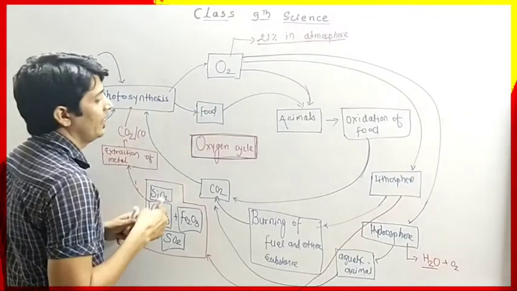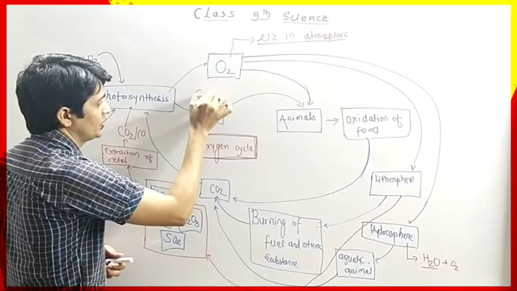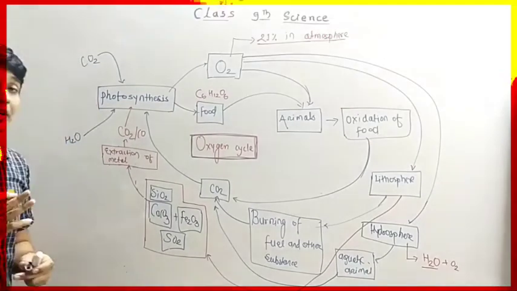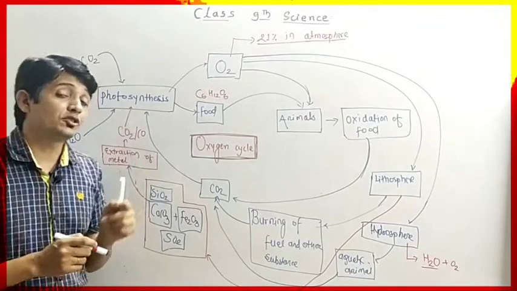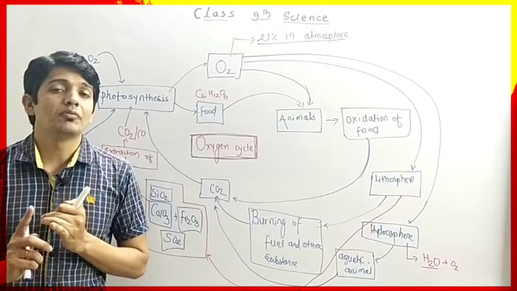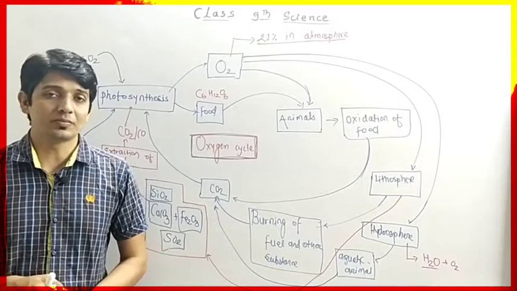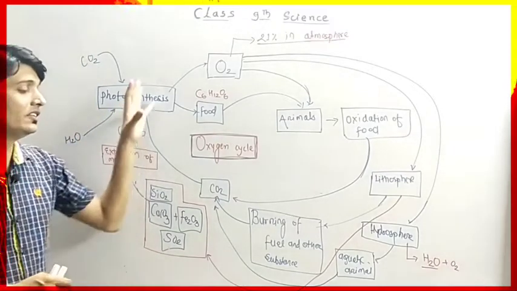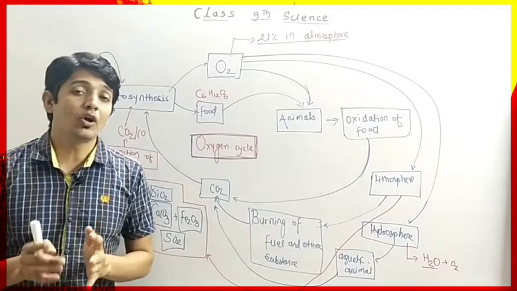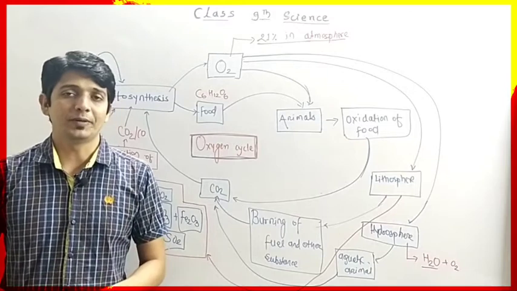This food again contains oxygen, in the form of C6H12O6. This is the carbohydrate. Oxygen is also present in the form of proteins, lipids, fats and other organic and inorganic substances. So this is nothing but the overall oxygen cycle which is circulated along with the atmosphere as well as in the biosphere.